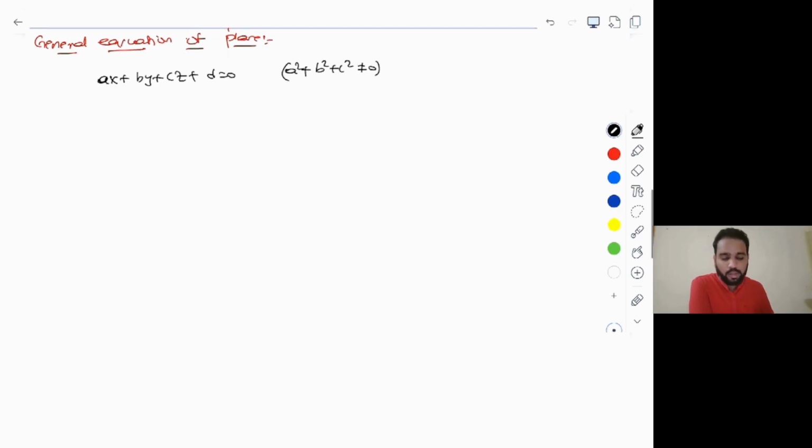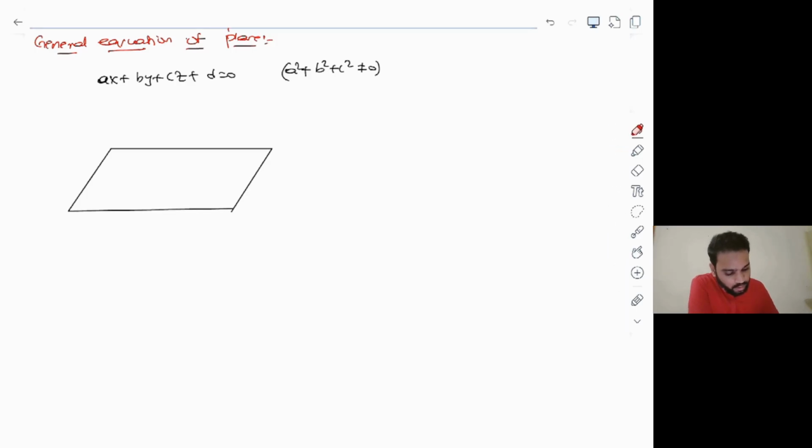The first thing is the general equation of the plane, ax plus by plus cz plus d equals 0, where there is an importance for these coefficients of x, y, z. Because if you take a plane, something like this, a rough diagram, and I try to construct a line which is perpendicular to this plane, any line drawn perpendicular to a given plane is called the normal to the plane.